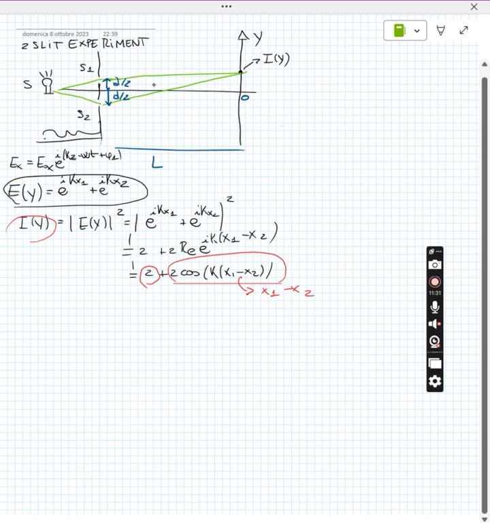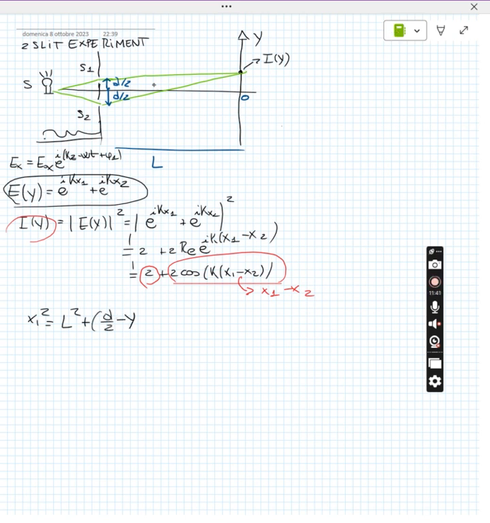You will see that x1 squared is equal to this, and x2 squared is equal to that. If you think a little about this picture, you will see that these equations are pretty obvious.